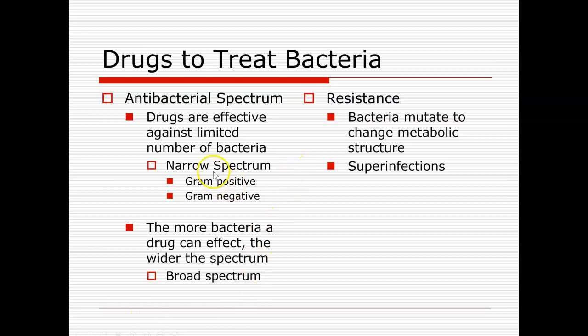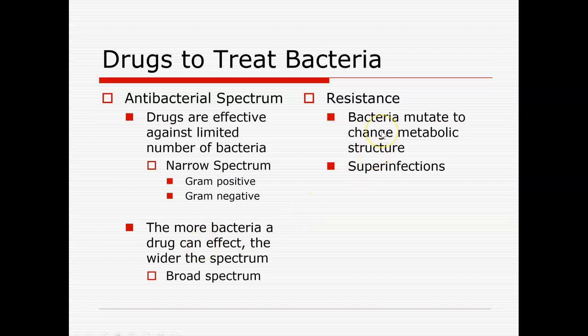You can see this narrow versus broad spectrum that your book talks about, and that's based on the gram stain: is it gram-negative or gram-positive bacteria. Ultimately, the more bacteria one specific drug is effective against, the broader its spectrum. It's really basic, so don't make it harder than it has to be.